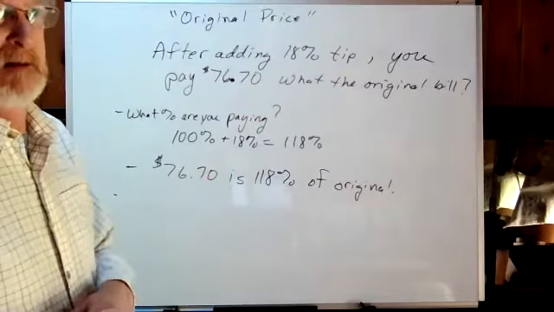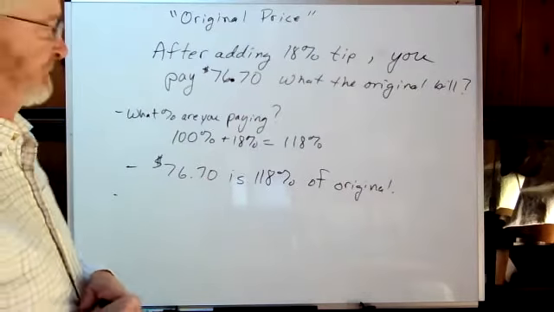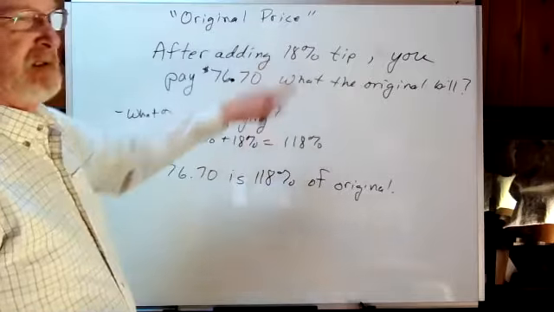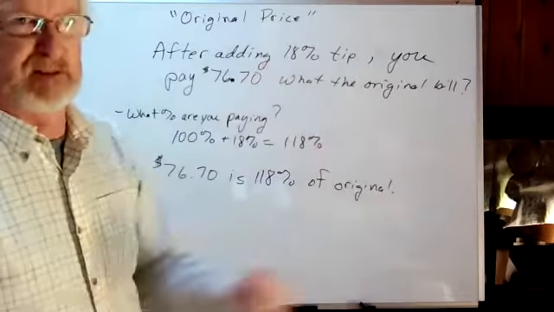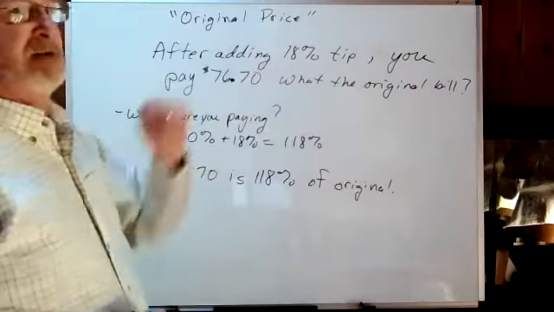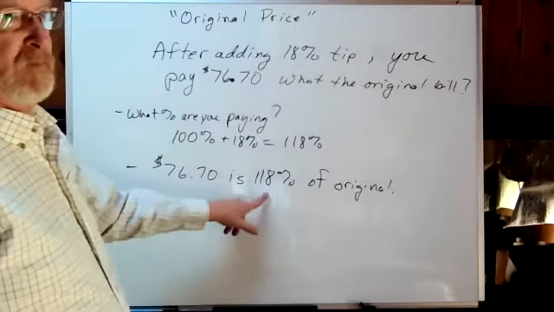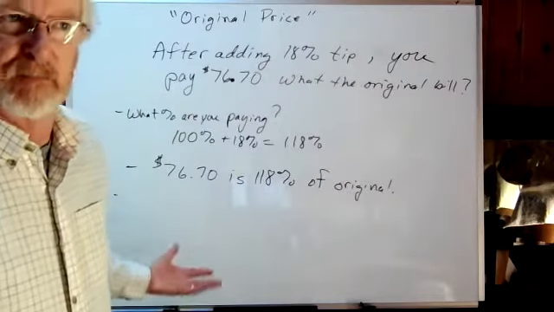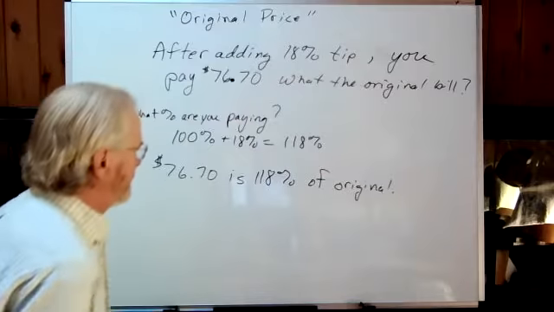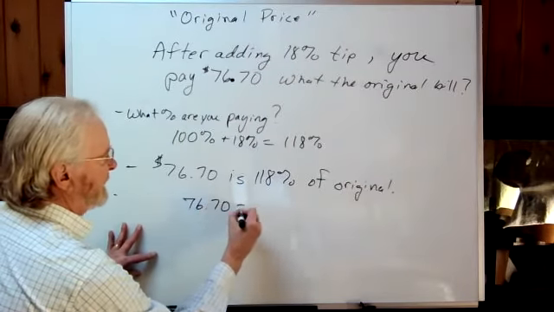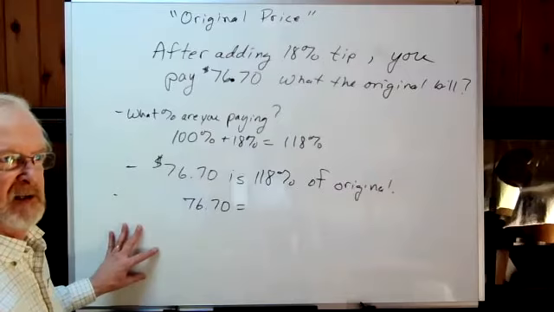The process I'm using is the same here. So I figured out, well, if I'm paying extra 18, I'm actually paying 118%. So this number is 118% of the original, which we expect to be, this is more than one, so we expect a smaller number, right? So 76.70 is, how do I write that as a decimal?